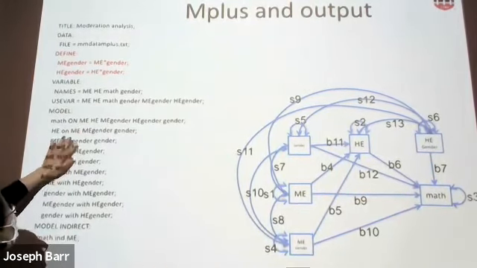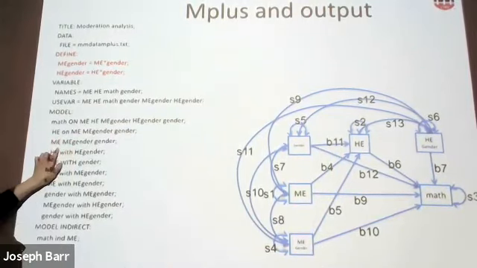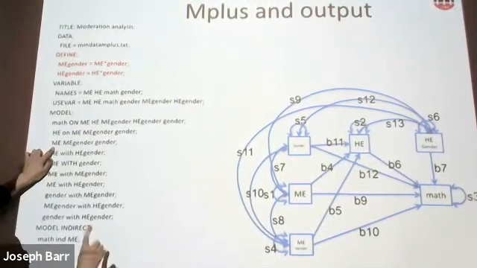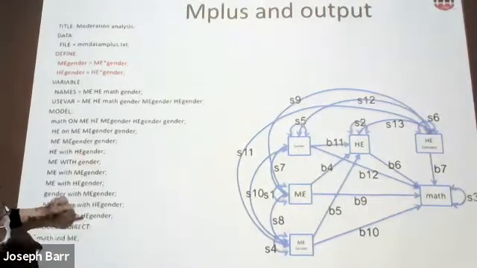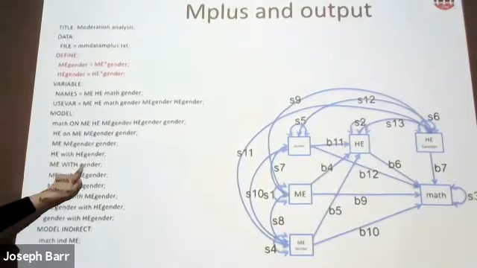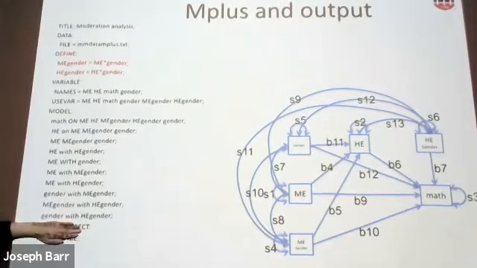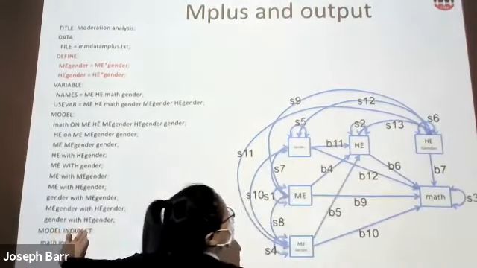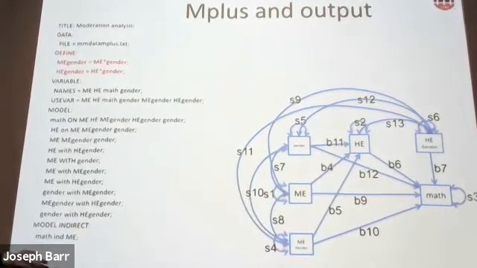Oh no, there is no ME on. Okay, ME is an independent variable. There's no ME on. Okay, but these are three variances. Okay, ME variance, ME gender variance. Okay, and covariance. All of these are covariance. A lot of covariance.